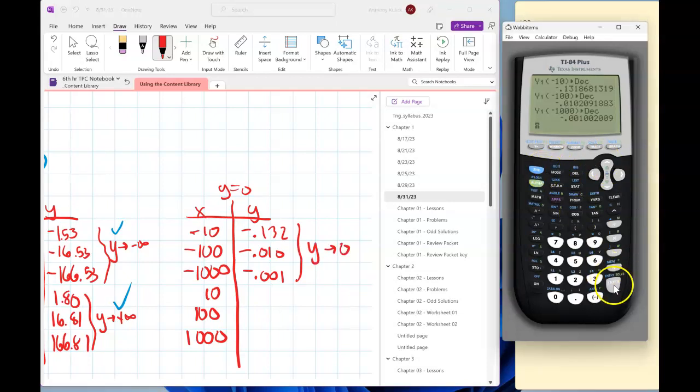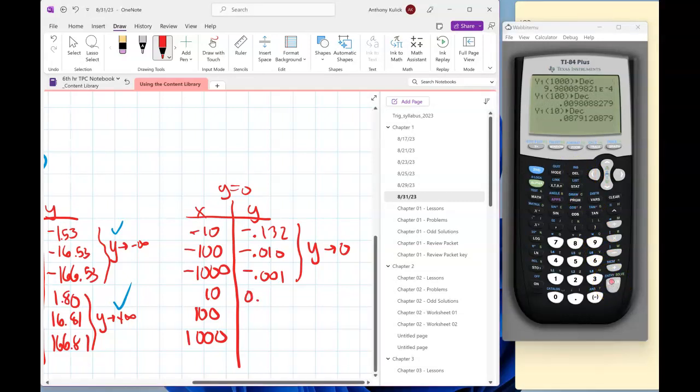And now let's go ahead and do the same thing for the positives. Here I'm going to start at the bottom because I don't have to do as many inserts. So we got 0.088 and then 0.0098, and then this first one, 9.98.